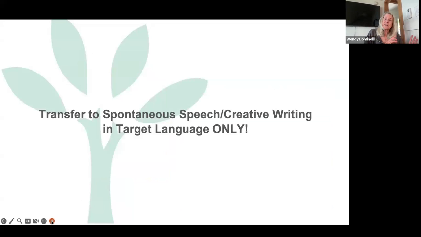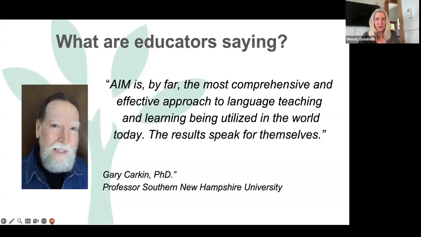So we want the students to, very early on in the language acquisition process, be able to transfer what they're learning in the whole class activities to spontaneous speech, and in the writing to develop the ability to write creatively, and of course in the target language only.